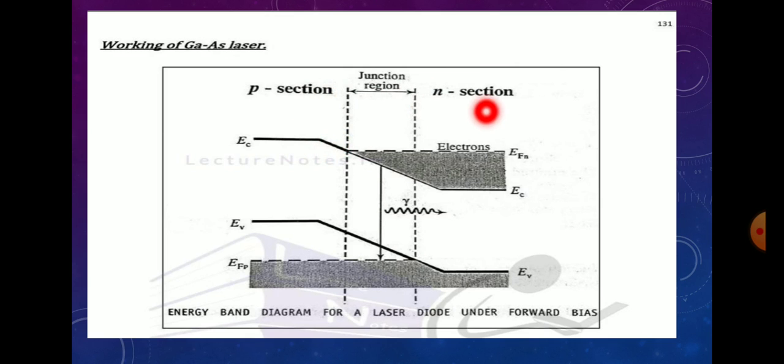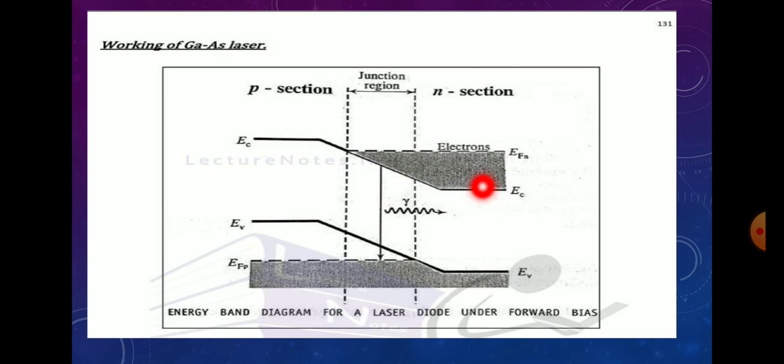The p and n regions are highly doped, so they are called degenerate. In a degenerate semiconductor, the Fermi level is below the valence band edge on the p side, and above the conduction band edge on the n side. At thermal equilibrium we get the same Fermi energy level.